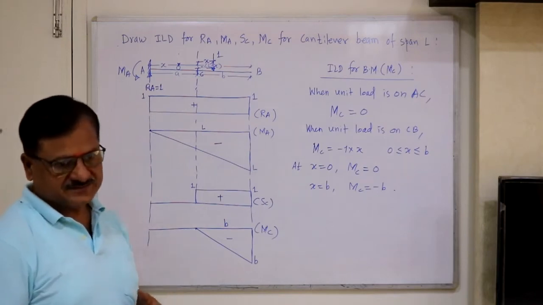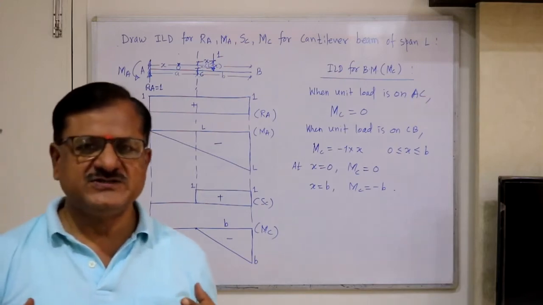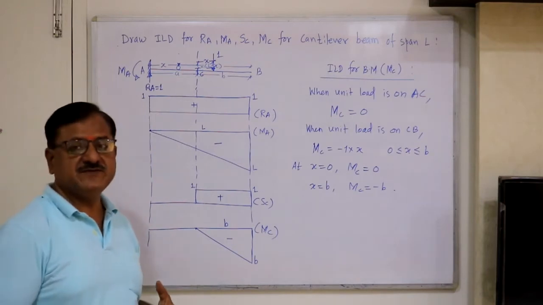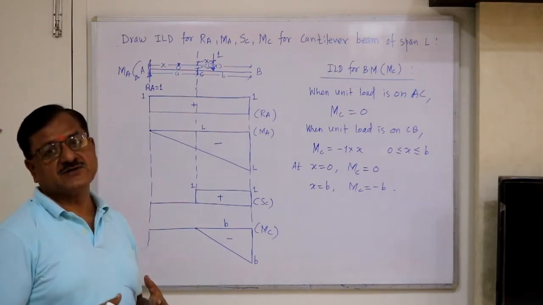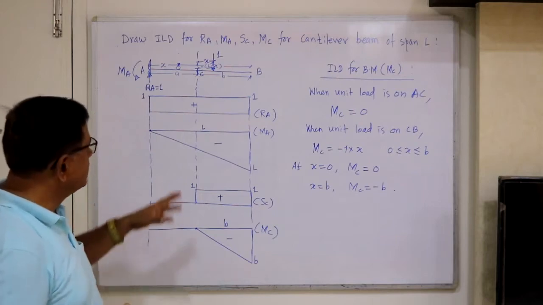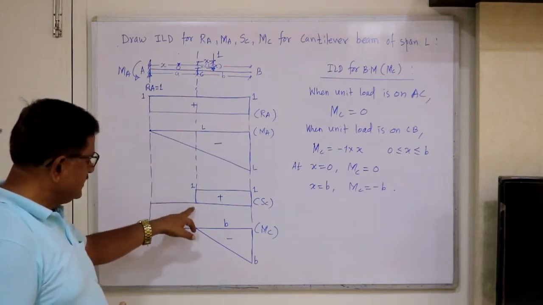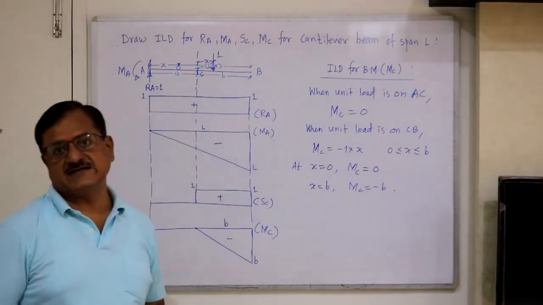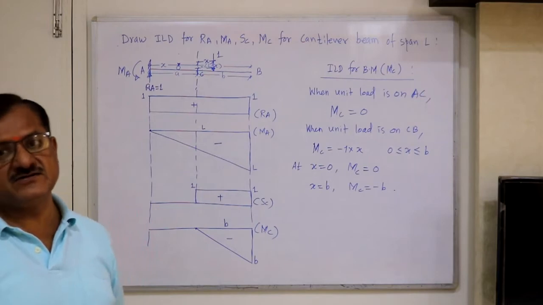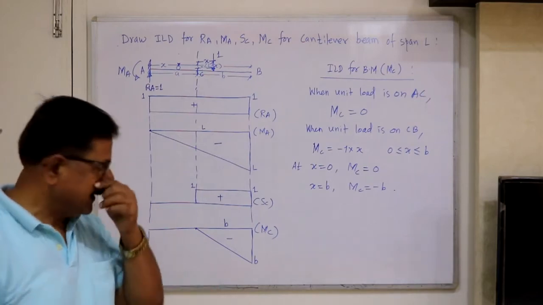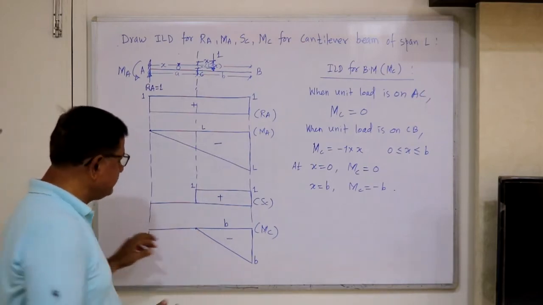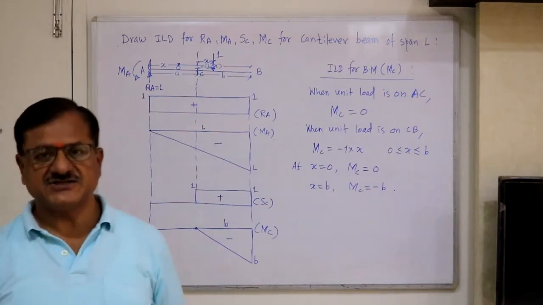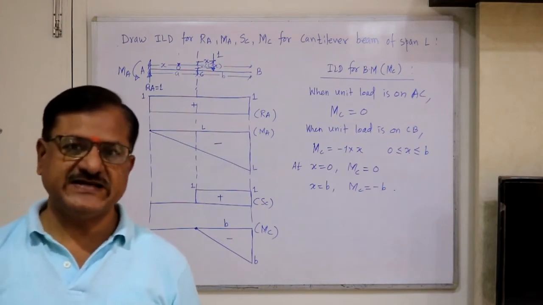And one more thing, just observe the shape of the ILDs for simply supported beam and for cantilever beam, for shear force and bending moment. For a cantilever, at any section, the shear force ILD is a rectangle on the free end side, and the bending moment ILD is a triangle towards the free end.